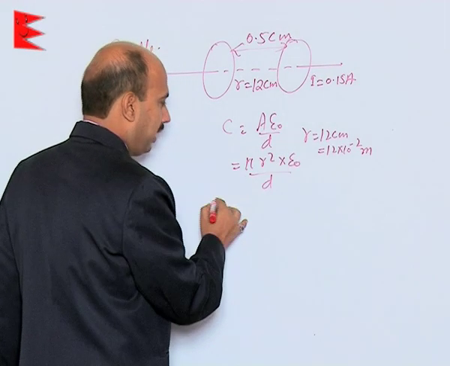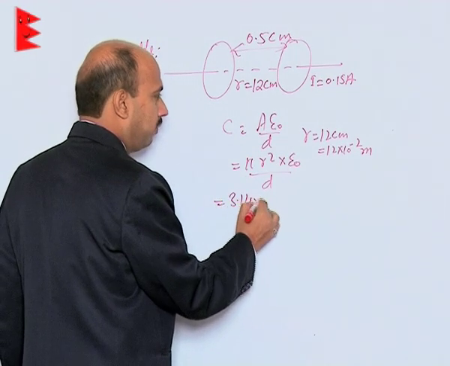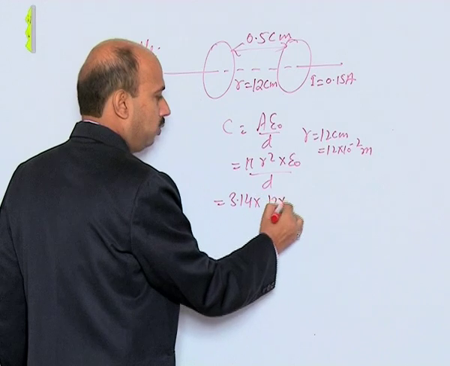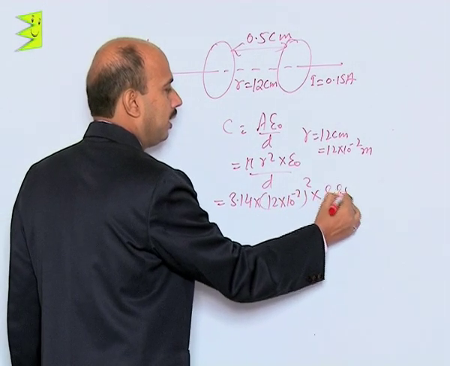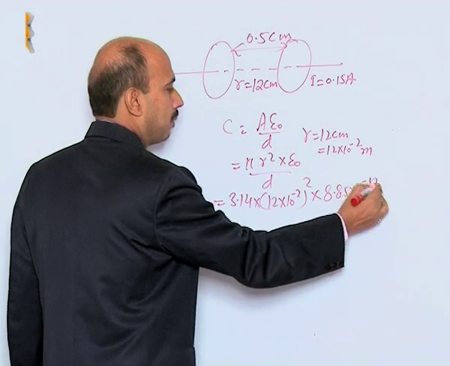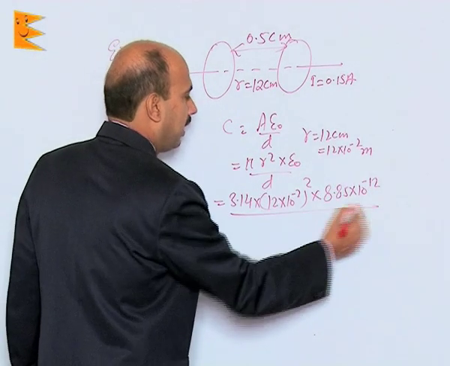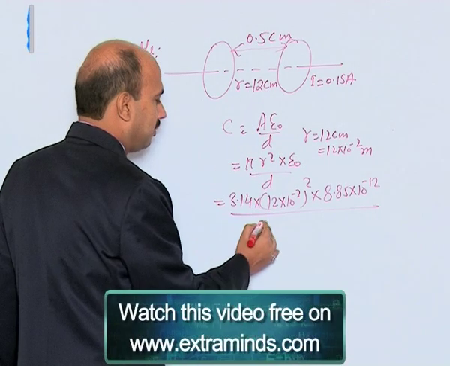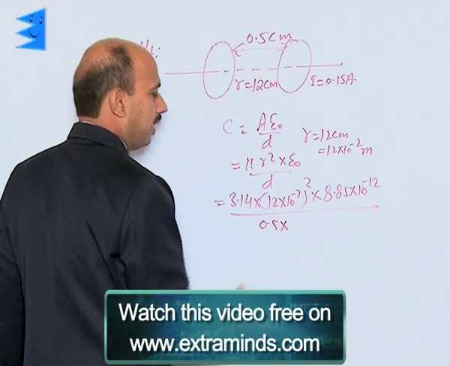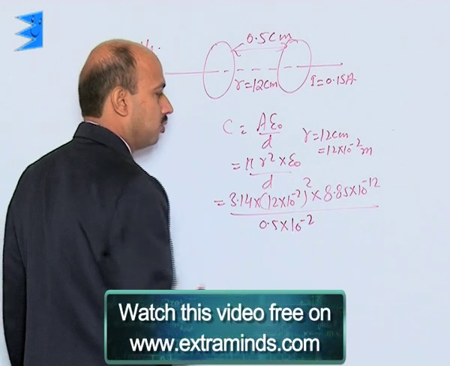So, we can write 3.14 into (12 into 10 raised to power minus 2) whole square into 8.85 into 10 raised to power minus 12, divided by the value of D, which is given to you 0.5 centimeter, that is 0.5 into 10 raised to power minus 2.